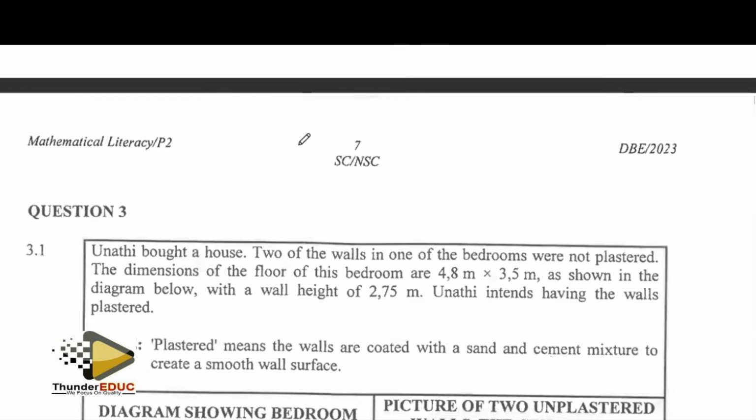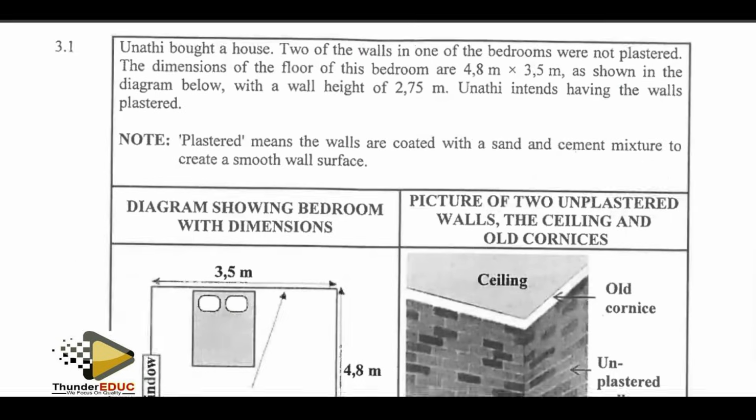All right, question number 3. We've already looked at question number 1 and 2. Let's look at question number 3. Question number 3 says, we bought a house. 2 of the walls in one of the bedrooms were not plastered.